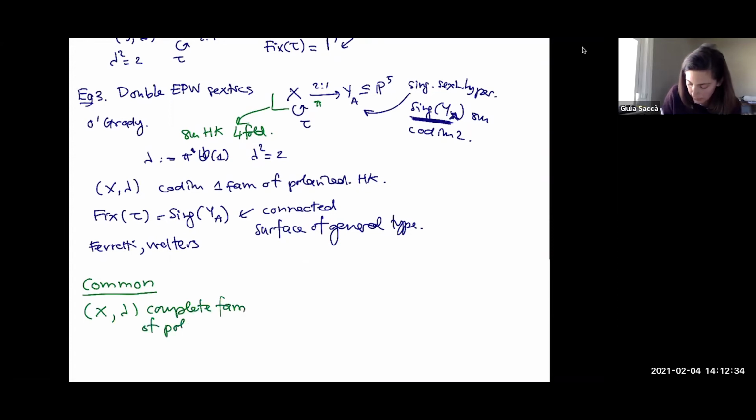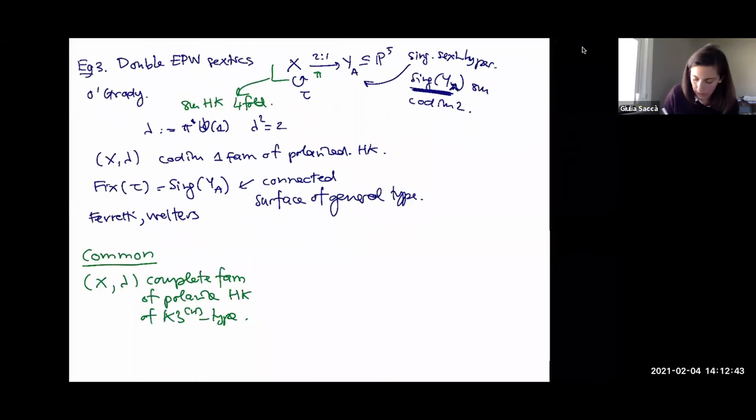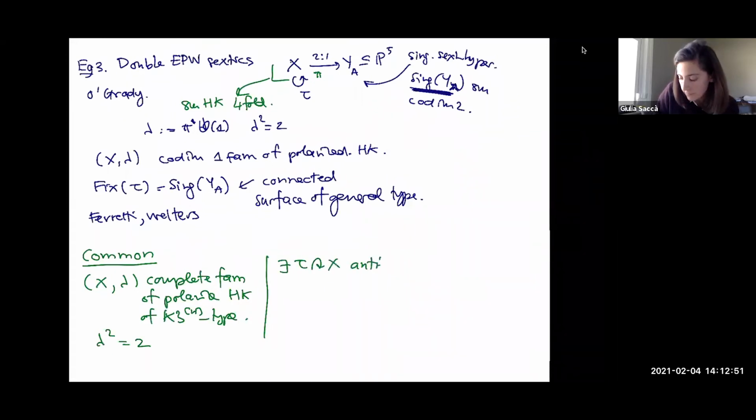of polarized hyperkahler manifolds of K3^[n] type, and lambda square is equal to 2. And there exists an anti-symplectic involution acting on the hyperkahler manifold.